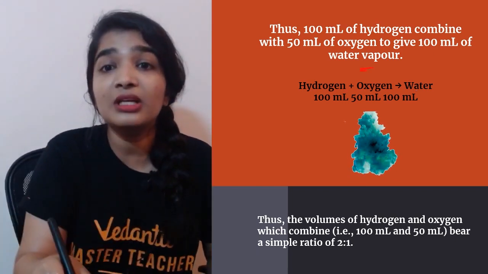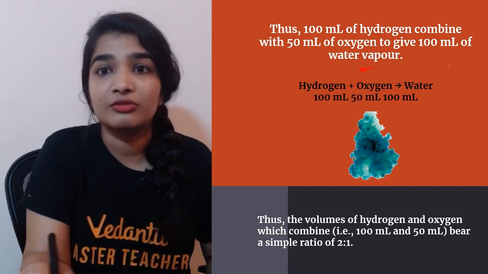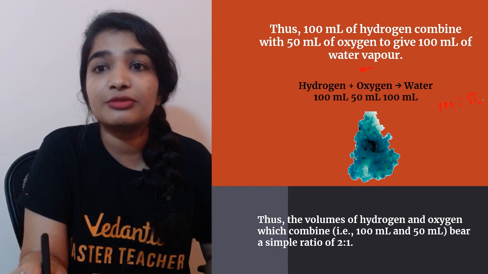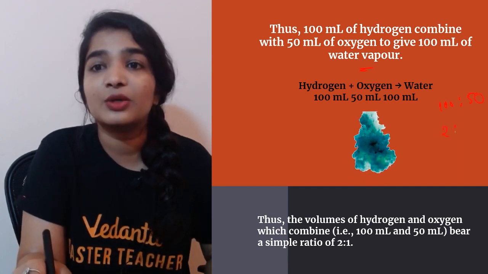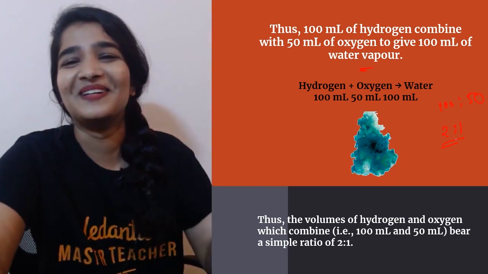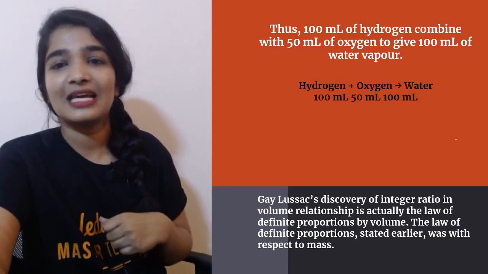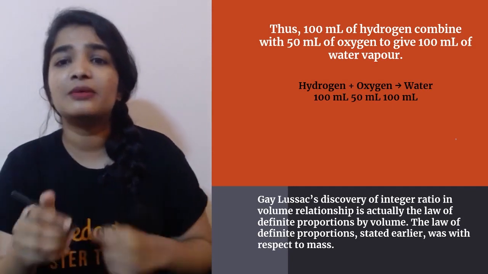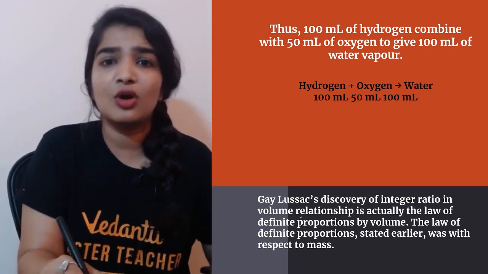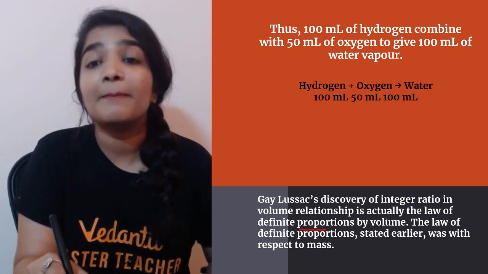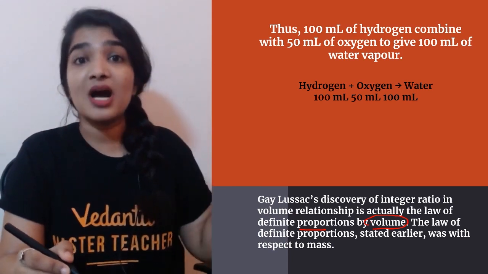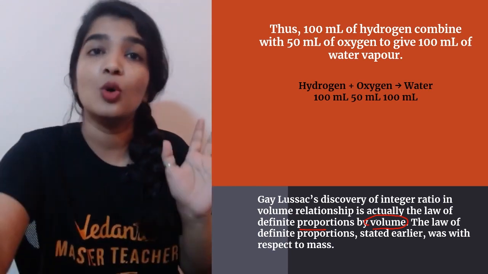Then 100 ml of hydrogen, which is a gas, to 50 ml of oxygen. You can simplify it, you will get 2:1, which is again a small whole number ratio, right? So his discovery of integer ratio in volume relationship is actually the law of definite proportion only, but by volume. That was with mass, this is with respect to the volume.